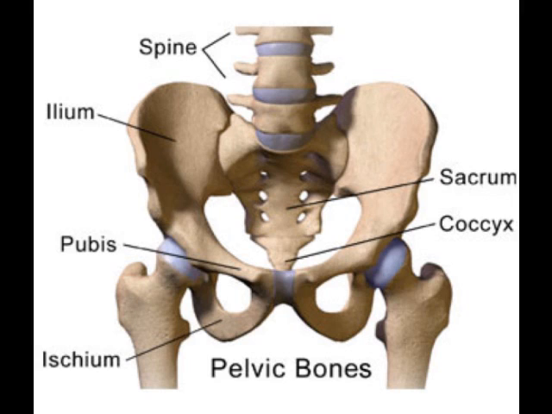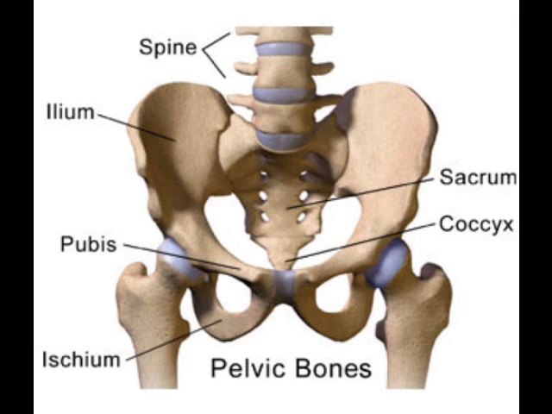Okay, this picture shows your pelvis connected to your spine. At the top there, you can see your vertebrae, your spine, connected to your sacrum in the middle there. And then to the left there, you see the word ilium.